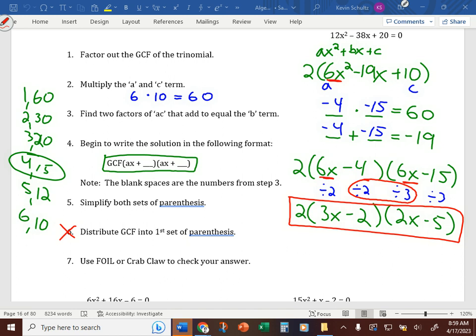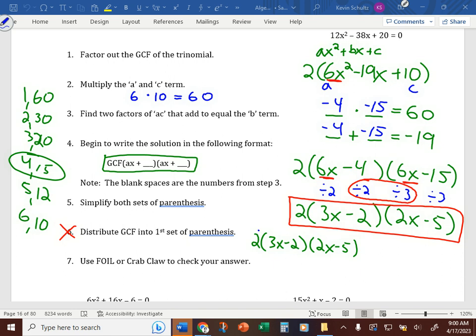For extra credit, if you want to go a little bit further, you can. If we have our 3x minus 2 and our 2x minus 5, step 6 says distribute the GCF in the first set of parentheses.